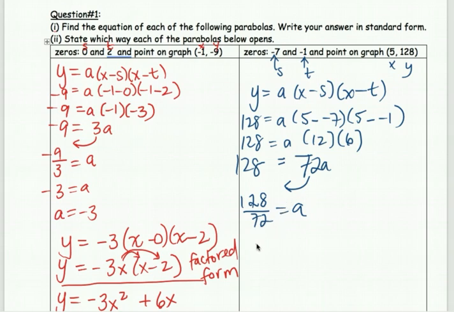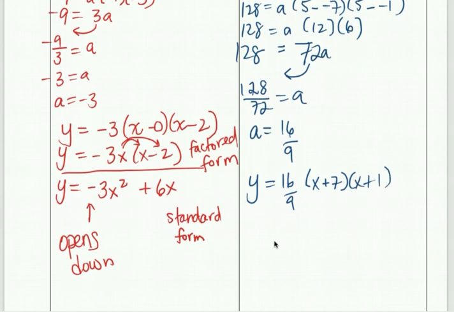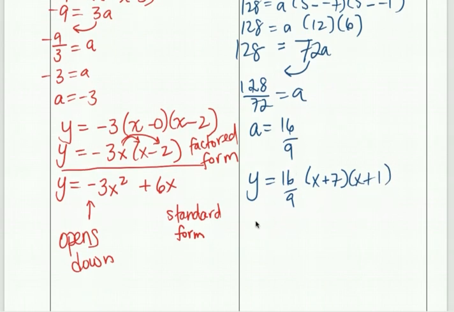I could divide by 8. There we go, it's been reduced, and let's write our new equation here in factored form. So that's the nice cleaned up factored form. But let's keep going. Let's write it in standard form.